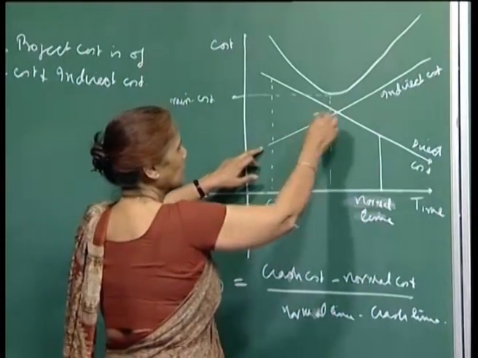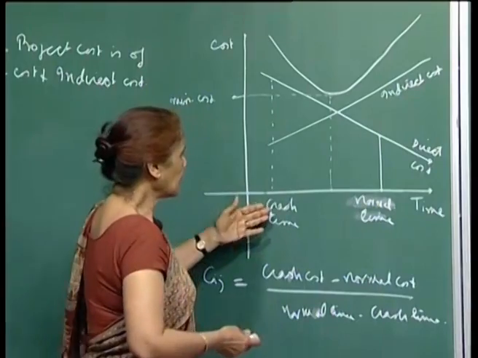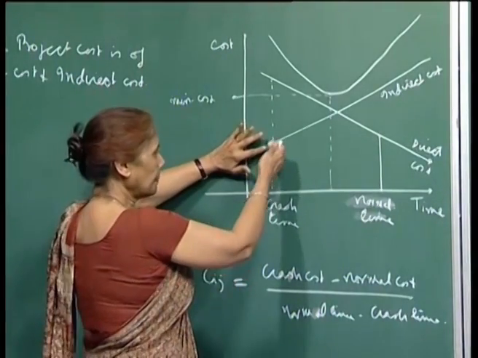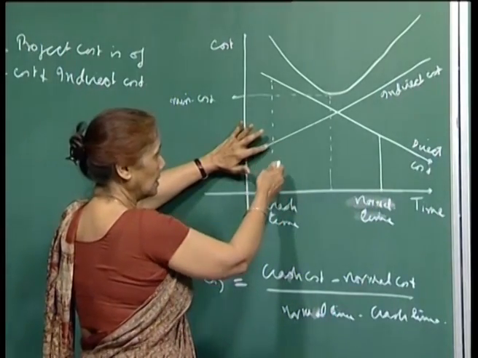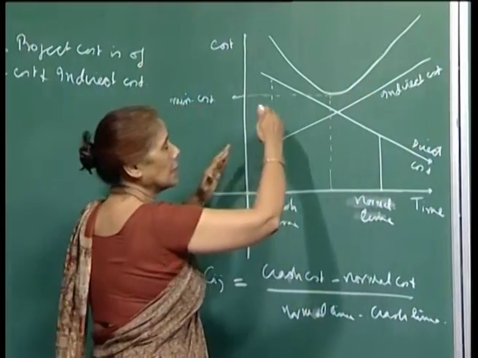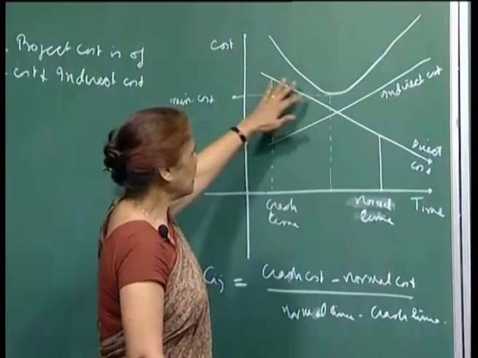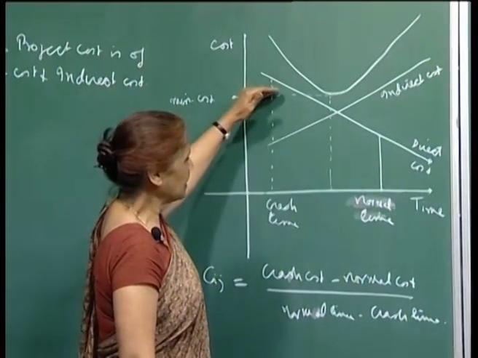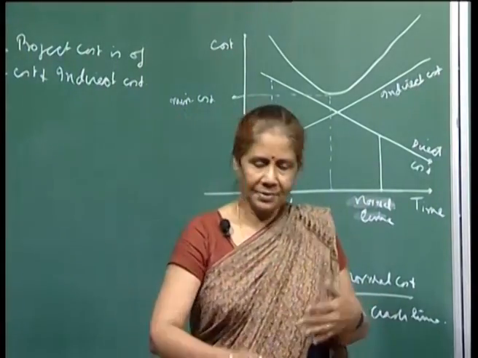And the indirect cost, of course, because if you complete the activity in an earlier time, in crash time, then the direct cost would be more. So, the indirect cost starts increasing with the duration of the project, and the direct cost gets reduced when the project time gets delayed, right.